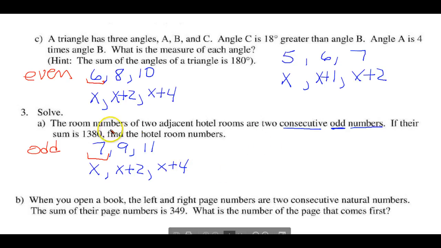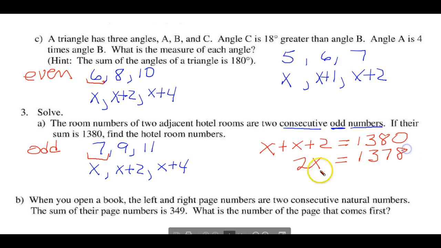Okay. Now here it says hotel rooms are 2 consecutive odd integers. So the first one will be x. We don't know what it is. The next one's going to be x plus 2. And again, don't get this confused, because if this is odd, by adding 2 you get another odd. And we say they add up to 1380. So we get 2x plus 2, subtract 2 from this, and we get 1378, and then divide both sides by 2.